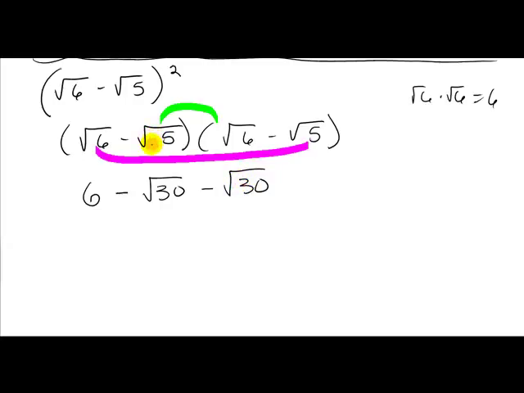Then I'm multiplying the negative times the negative, which will give me a positive. Square root of 5 times square root of 5. Remember what we just saw, and so I can go ahead and do this. So when I go to simplify this, I will combine like terms, 6 and 5, and then I've got a negative, and this is a 1 here and a 1 here, and they're both negative, so I will add them. 1 plus 1 times the square root of 30.